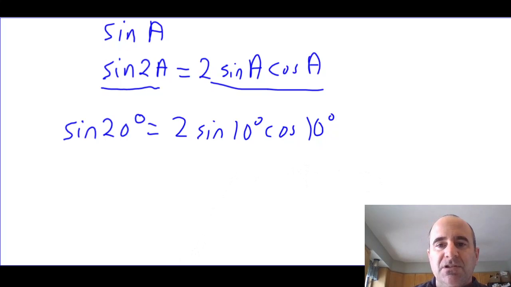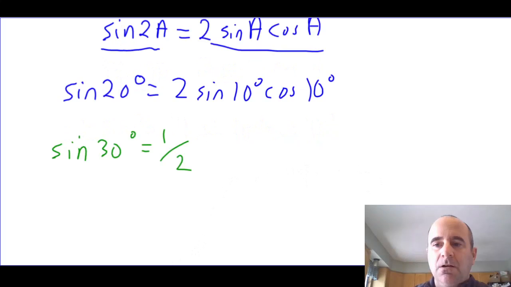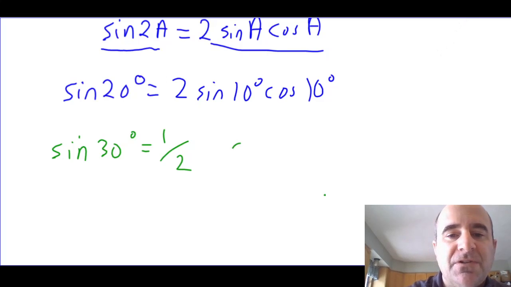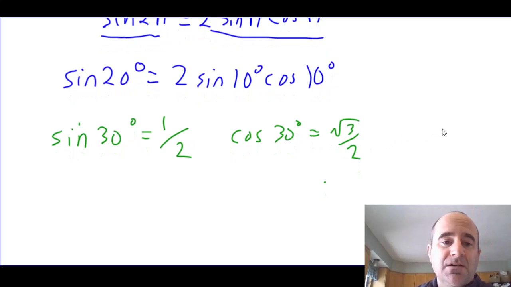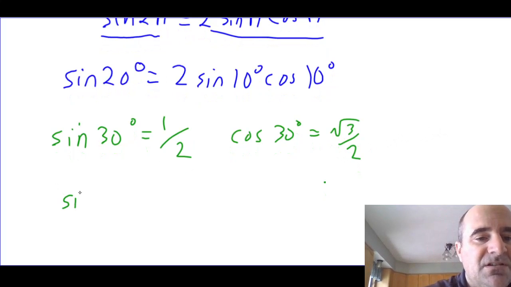Another thing that we could use to illustrate is we know the sine of 30 degrees is 1/2, and we also know that the cosine of 30 degrees would be √3/2 from our special triangles. So we could use those to find the sine of 60 degrees.